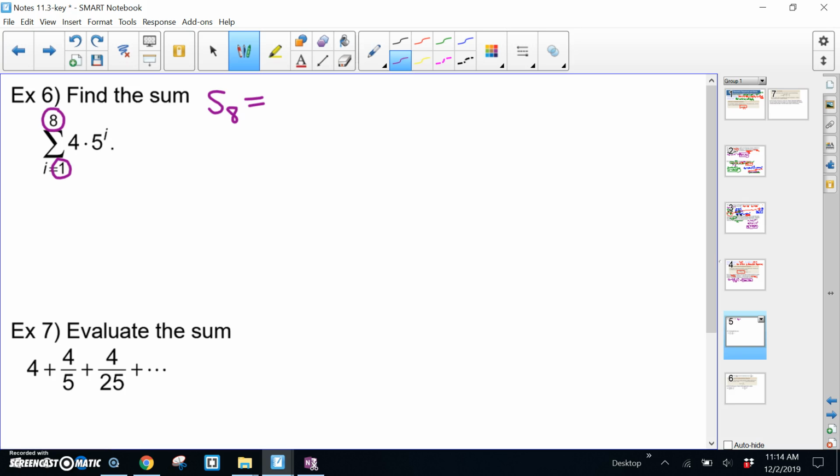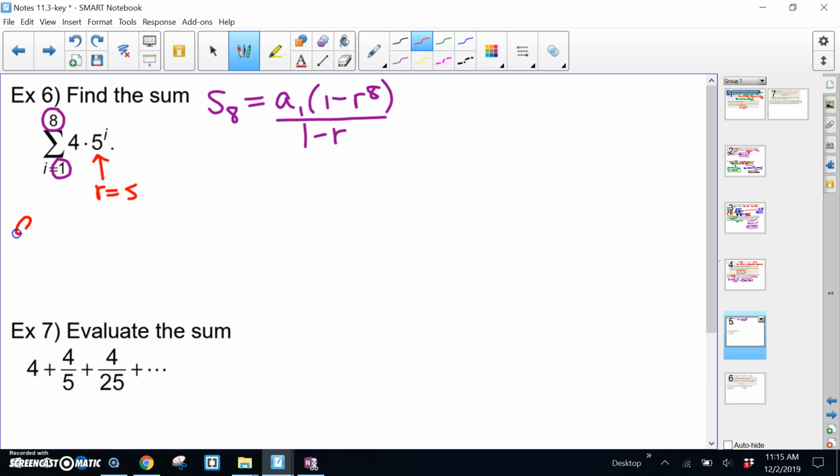So that formula would take the first term times 1 minus r to the 8th over 1 minus r. So we're still going to need the first term and r. You can tell r because r is just going to be the base on the power. So look for the exponential part of this and the base 5 here. That's the r value.